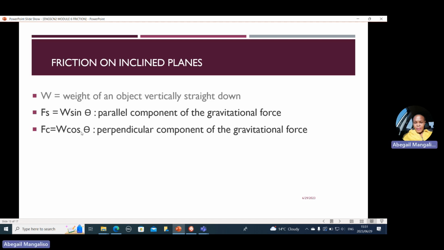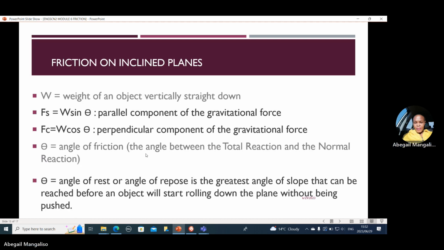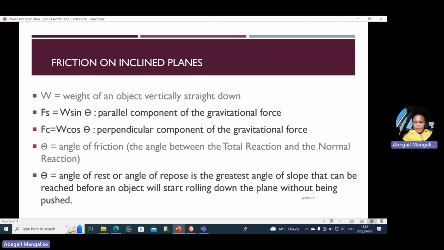Fc is W cos theta, the gravitational component that is perpendicular to the plane. Theta is the angle of slope. Phi is the angle of friction, the angle between the total reaction and the normal reaction force.